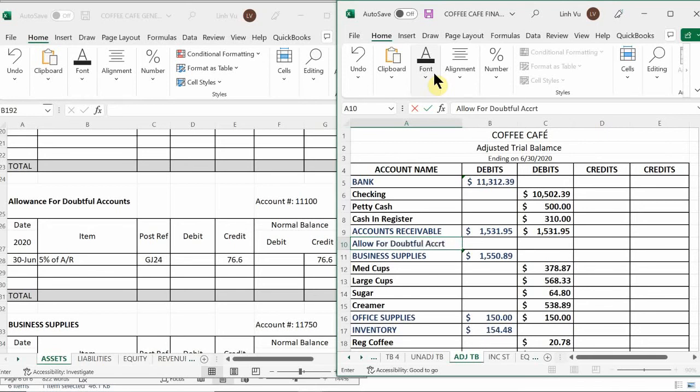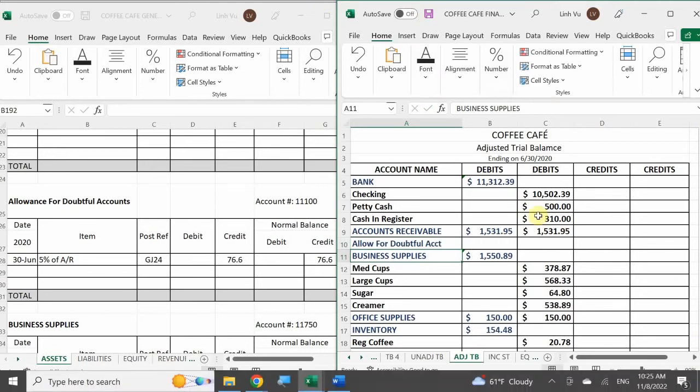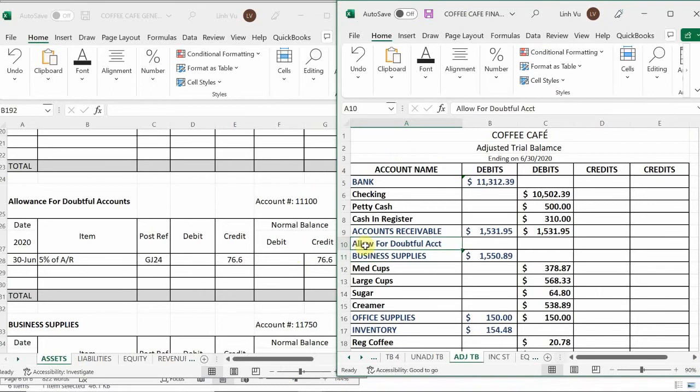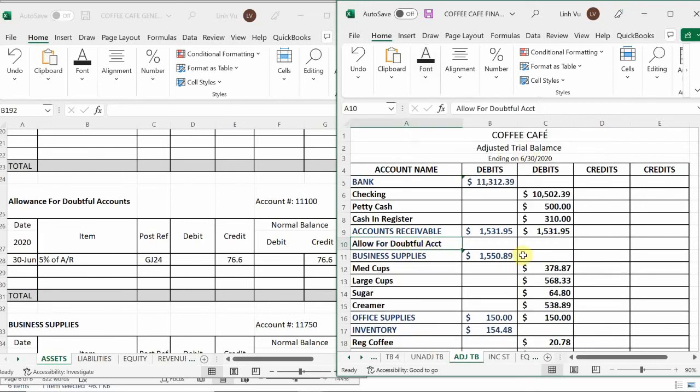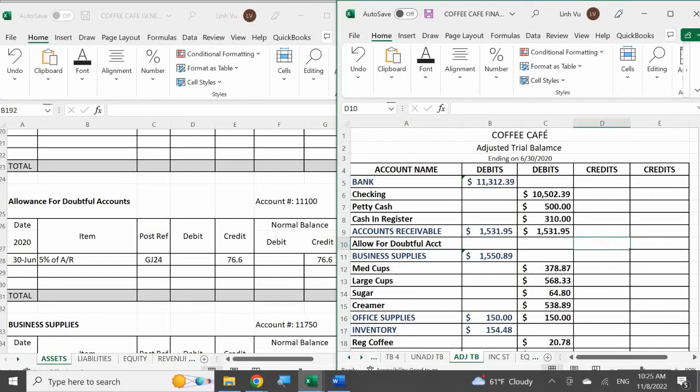Now we know this is a contra account, right? It's a contra to the main account. However, on a debit and credit system, we view this as a credit, but to a main account, what it does is reduce the main account. So that's where this formula comes in. We know that this credit is for $76.60.